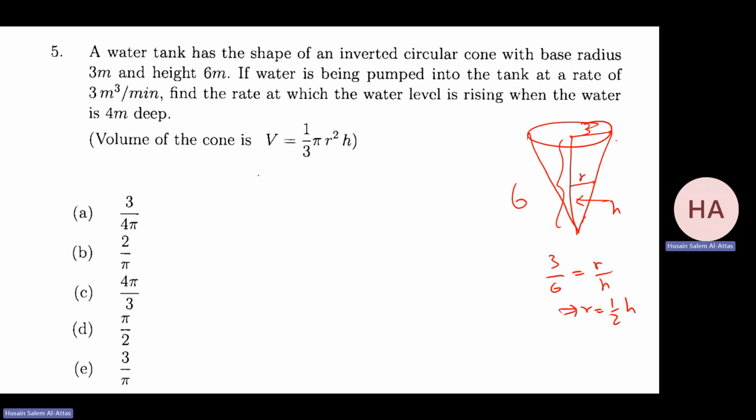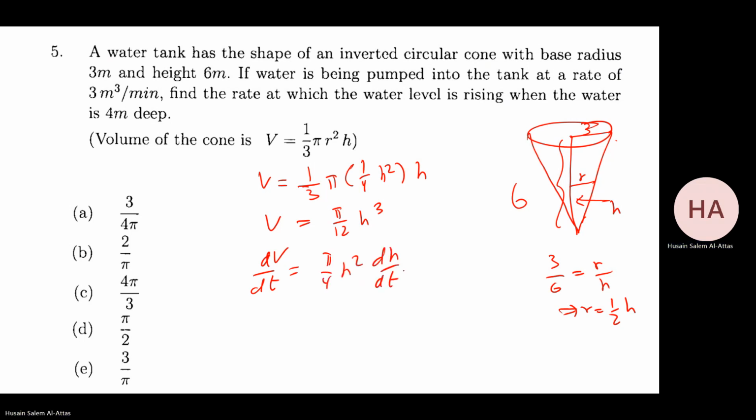This is the volume. So the volume equals 1 over 3 pi times 1 over 4 H squared times H, which is pi over 12 H cubed. So dV by dt equals pi over 4 H squared dH by dt. This is 3 equals pi over 4, H equals 4.